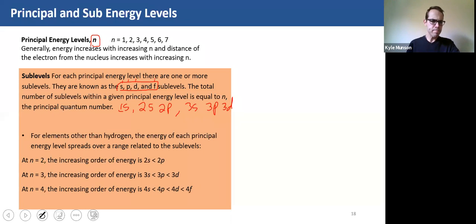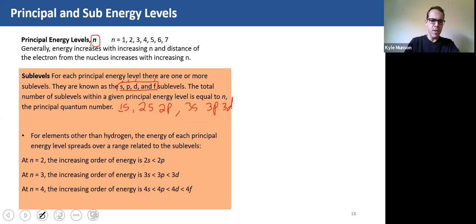Now, for an element other than hydrogen, the energy of each principal energy level spreads over a range related to the sublevels. We're going to talk about this a little more in next week's video on section 11.4, how we can talk about the energies of these sublevels. But this is generally how it is.